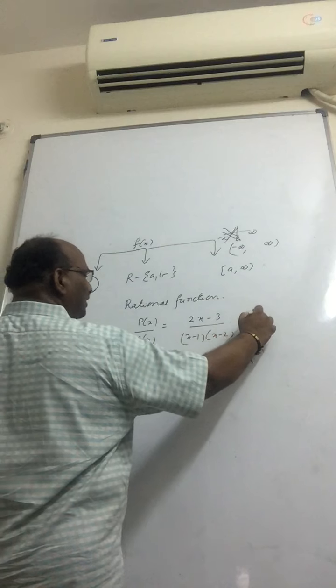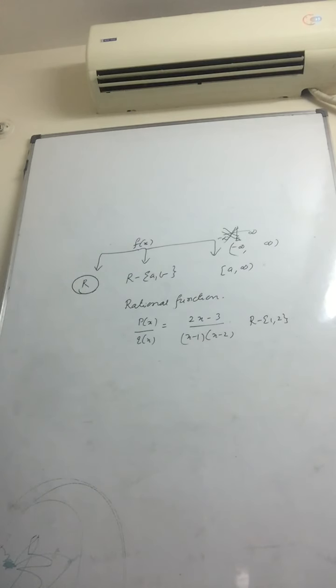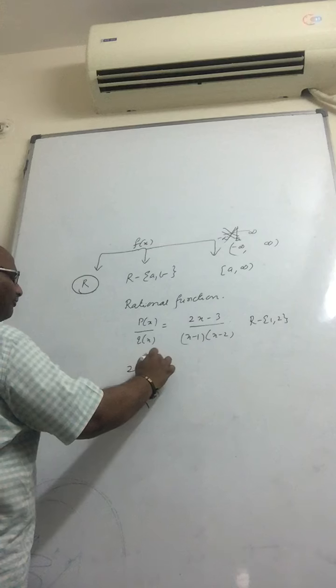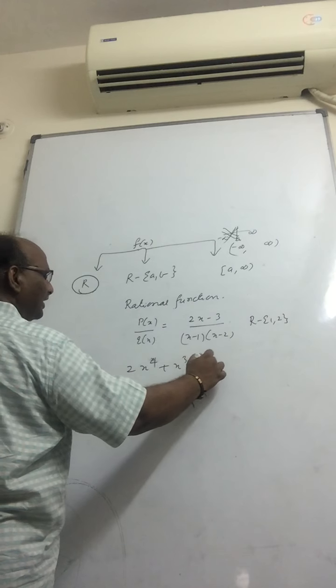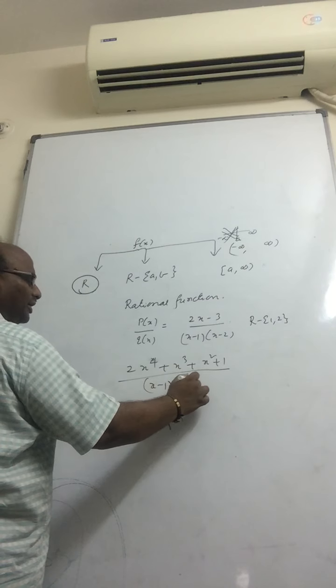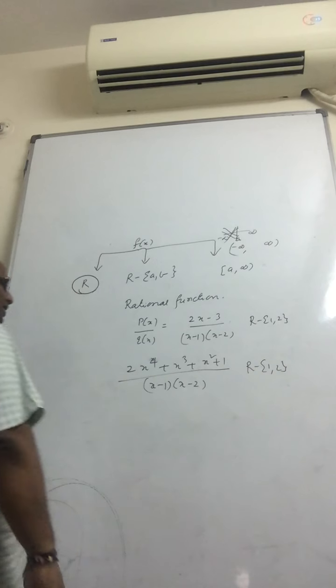For this function, the domain is R minus {1, 2}, right? Even if you write 2x square, 2x power 4 plus x cube plus x square plus 1 by (x minus 1)(x minus 2), here also the domain is R minus {1, 2}.